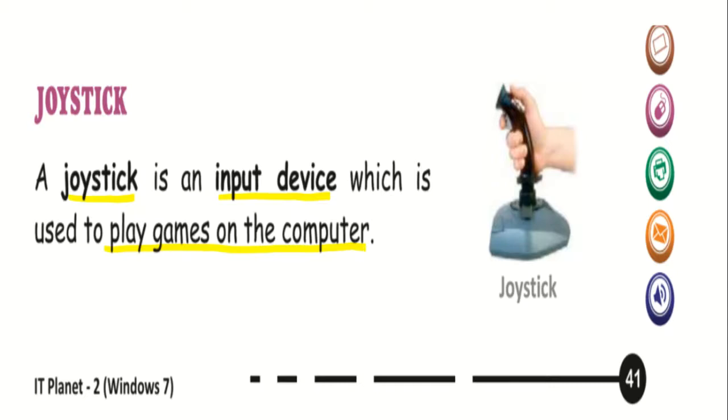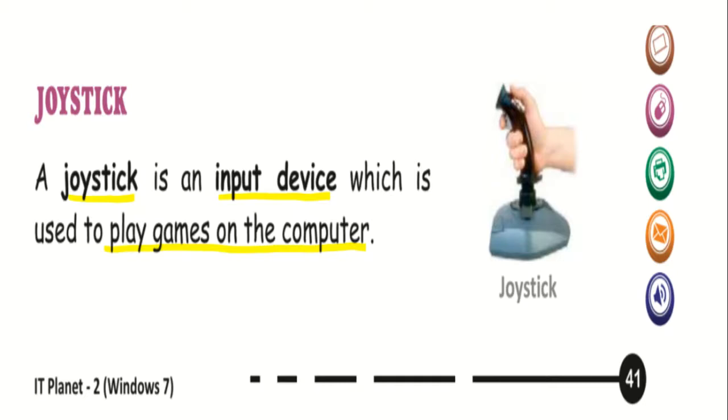So children, with the help of a joystick, you can play games on computer and also video games. And a joystick has one or more buttons on it. So it is a helpful input device to play games on the computer.